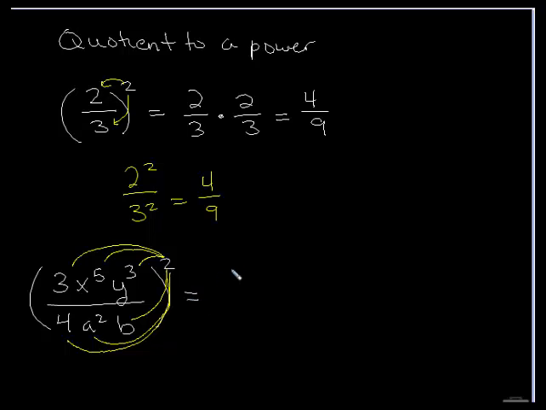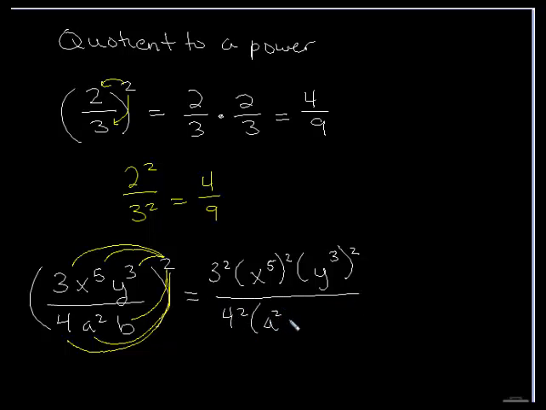So this will be equivalent to 3 squared times x to the 5th squared times y to the 3rd squared over 4 squared times a squared squared times b squared. 3 squared is 9. 5 times 2 is 10. 3 times 2 is 6. 4 squared is 16. 2 times 2 is 4. And then b squared.